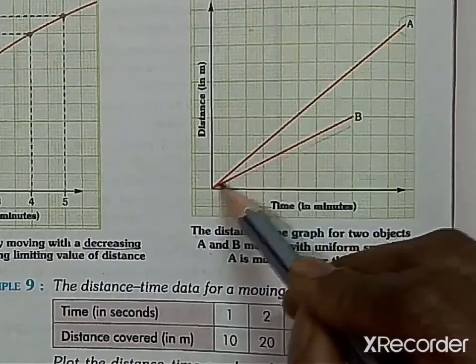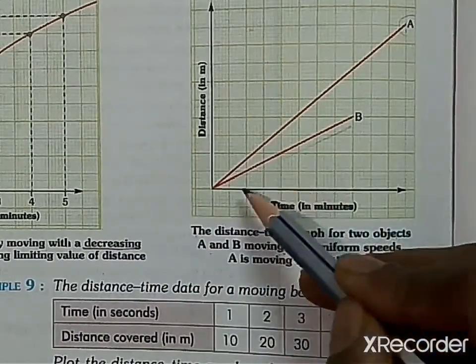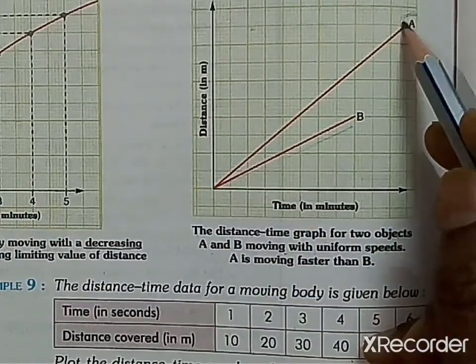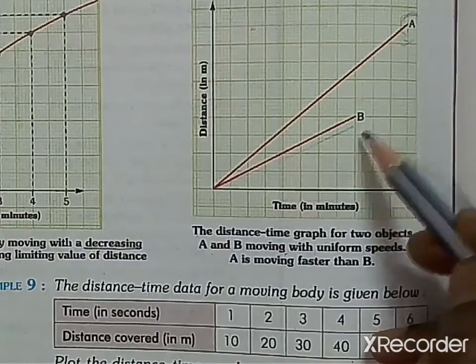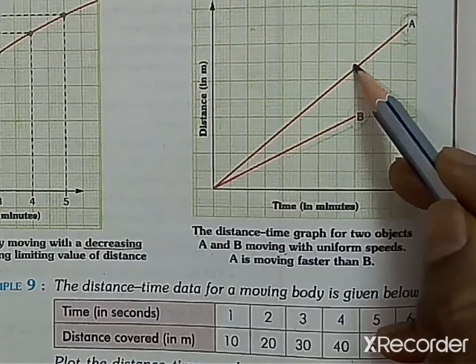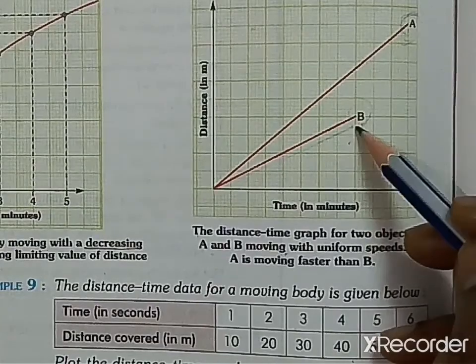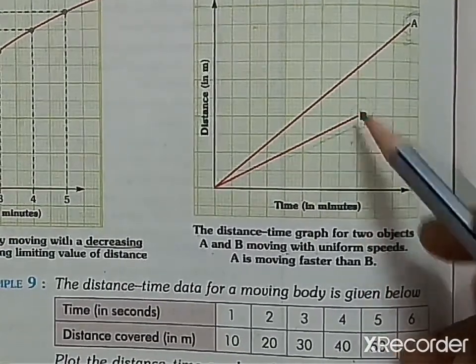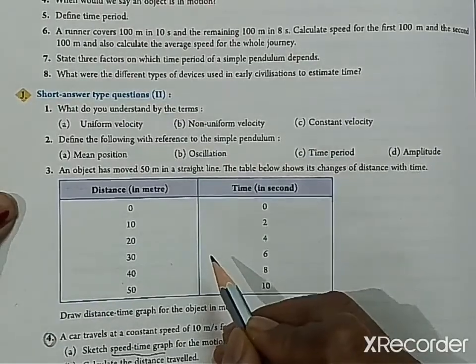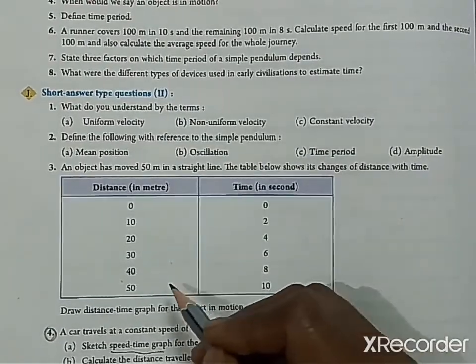This you remember, slope is more, then the speed is more, and that's why we can say that object A is moving faster than object B. Okay, so here it is the comparison of speeds of two objects. Then we will see some examples based on this distance time graph.